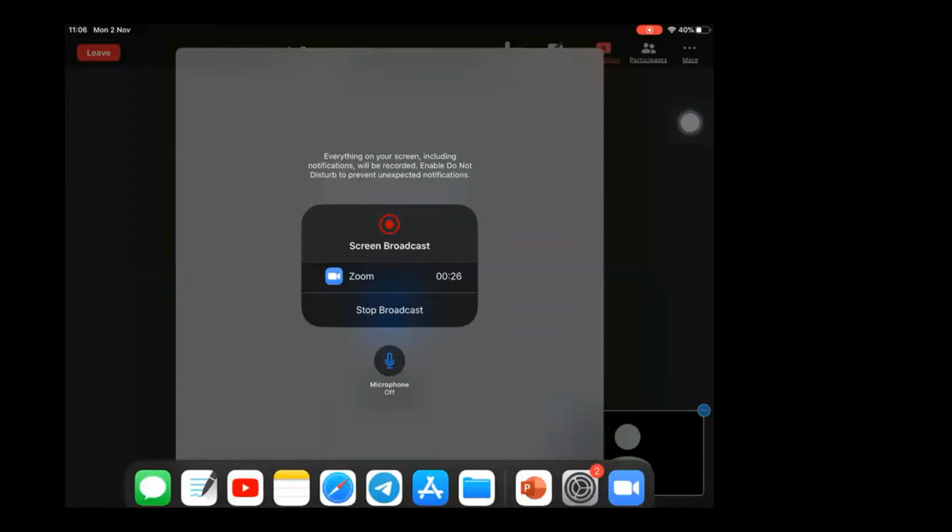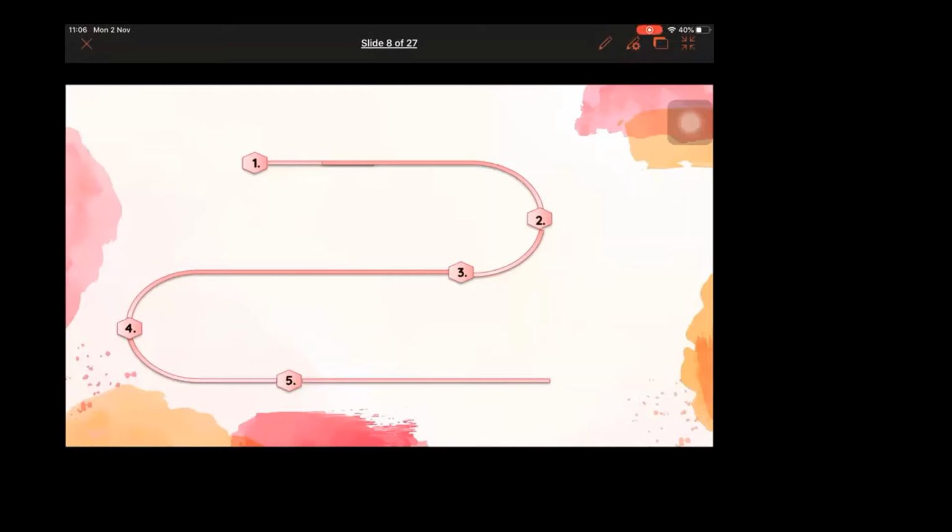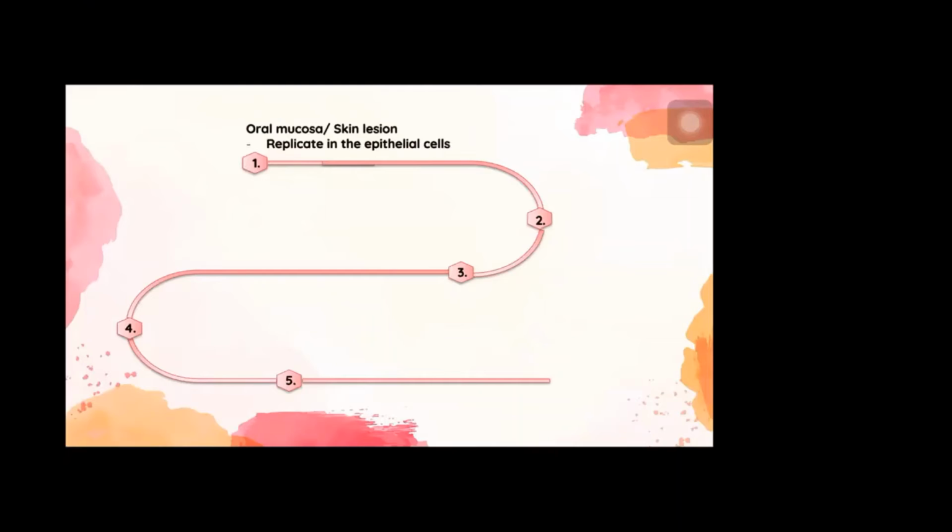Okay, sorry. Moving on to the pathophysiology. First of all, the virus will enter through the oral mucosa or any skin lesion, and it will replicate in the epithelial cells. Then it will go to the lymph nodes, and this will cause the primary infection.